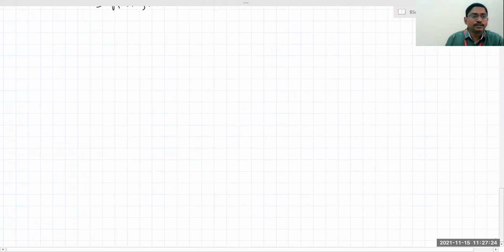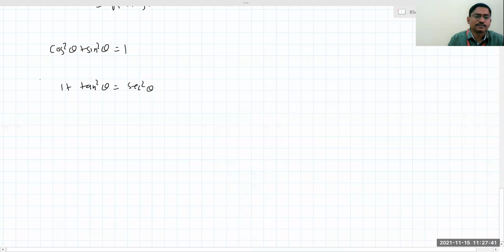So three fundamental identities that we know well. One is cos square theta plus sin square theta is one. The third one is 1 plus tan square theta is sec square theta. Is it correct? And what is the second one? 1 plus cot square theta is equal to cosec square theta.